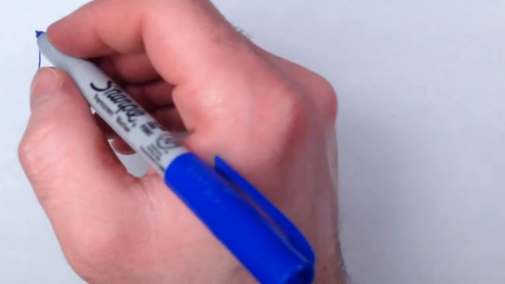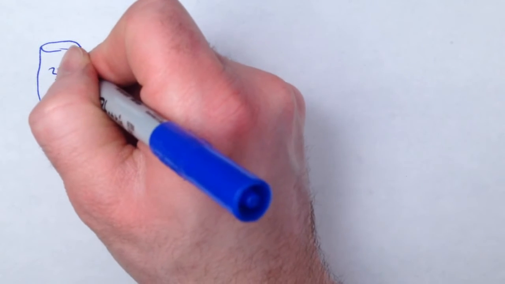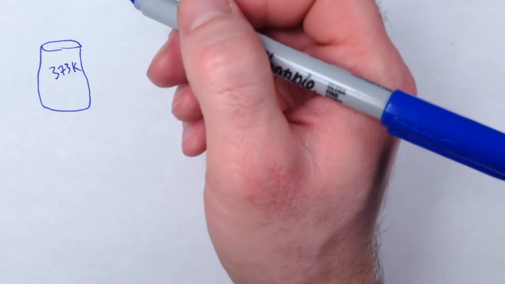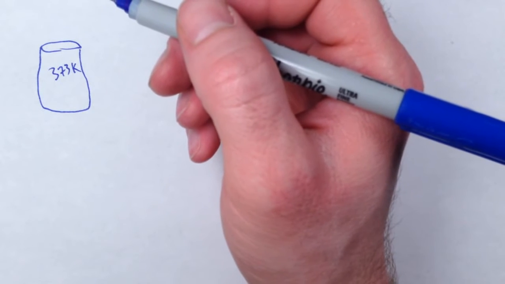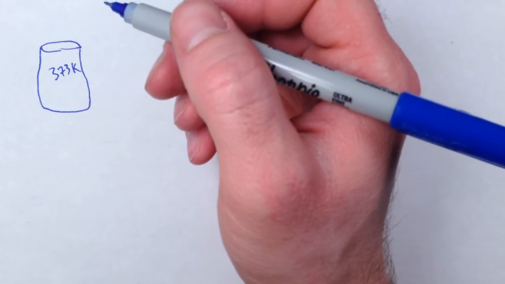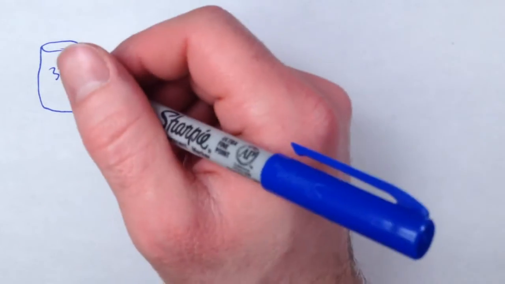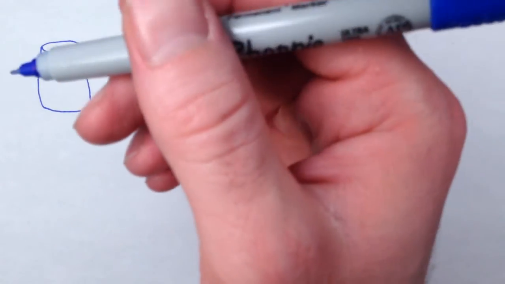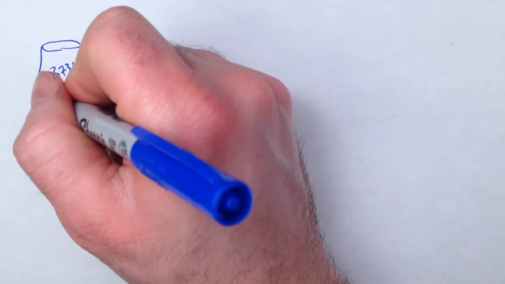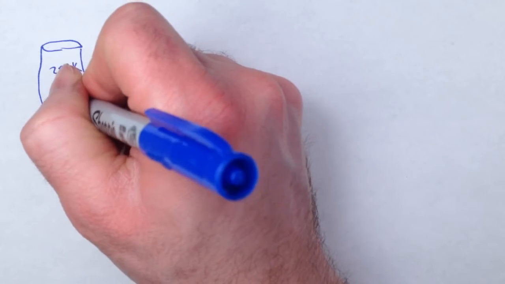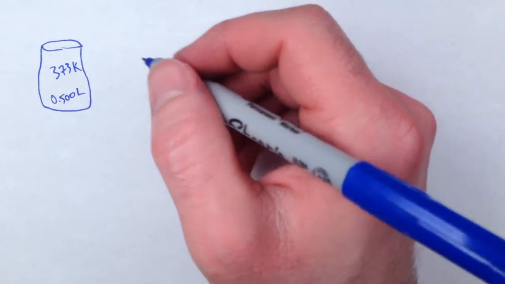The air on the inside has a temperature of 373 kelvins. That's just boiling. So basically you've got an empty jar that just came out of boiling water. So the air inside is at the same temperature as boiling water. Just say it's steam or whatever. And the volume of this jar is 500 milliliters or 0.500 liters. So we put a lid on it.